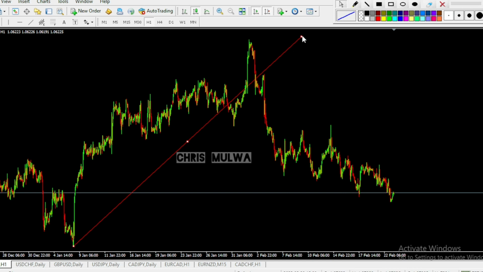Again, I could have drawn this trade line like this. What matters is how you draw it. There is no specific formula for drawing this, but make sure that this line is being touched by the market. That is why it is a trade line. If the market is cutting the trend line, that is now another thing.